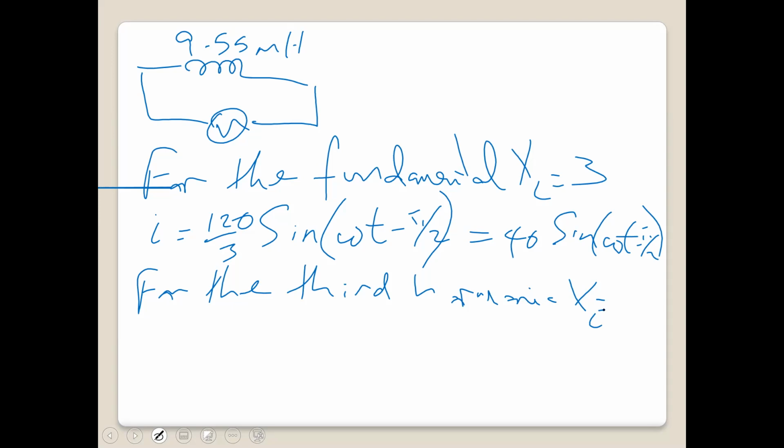You have 3 waves fitted in the same periodic time as the fundamental. So what does that mean for that wave? The frequency is 3 times the fundamental. Thank you.